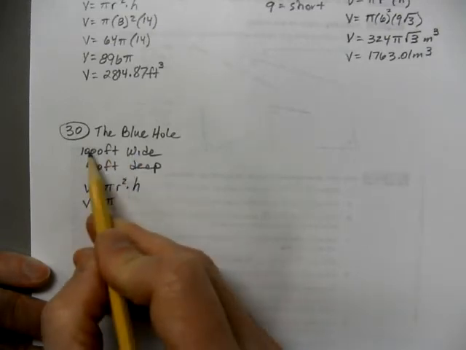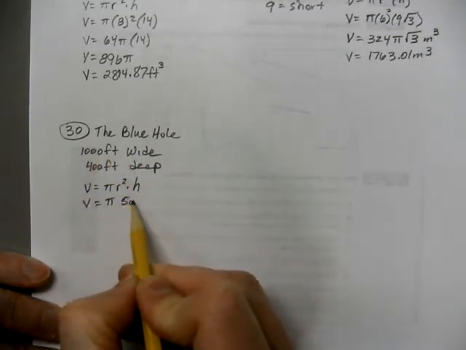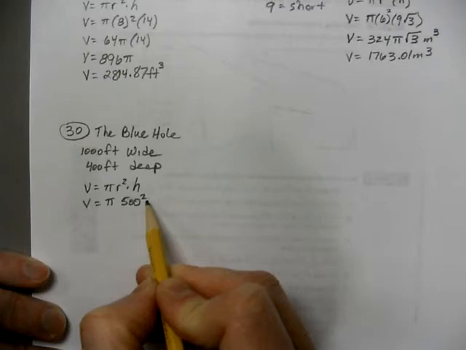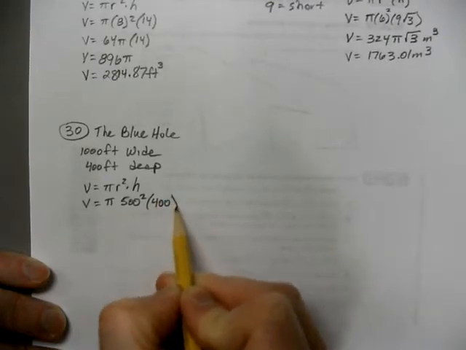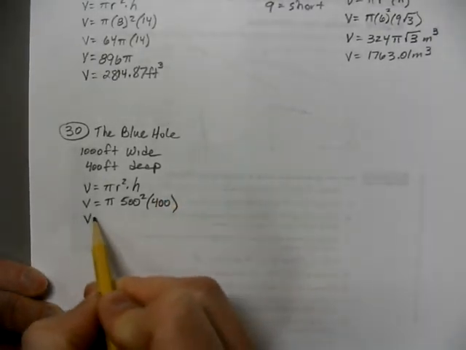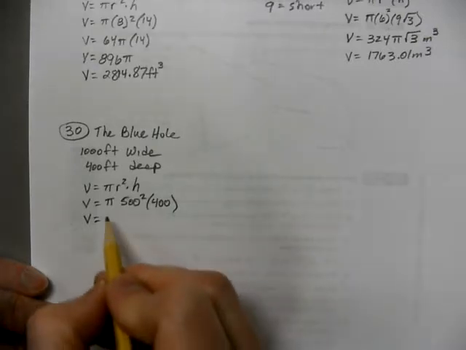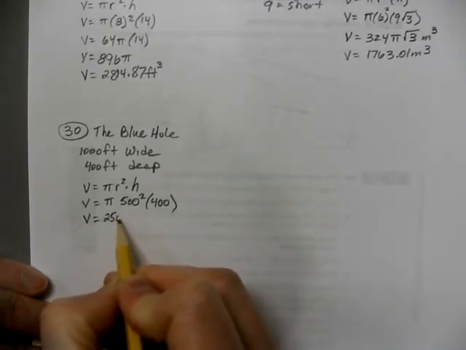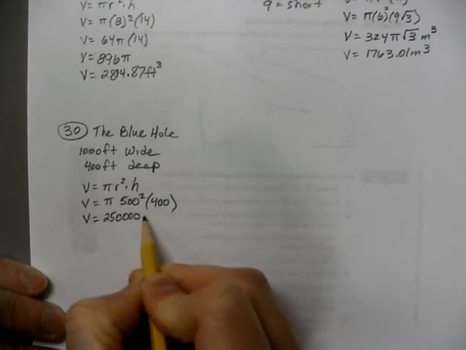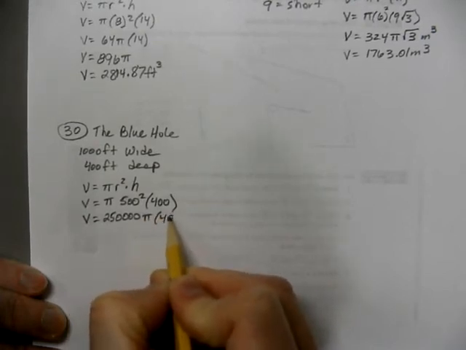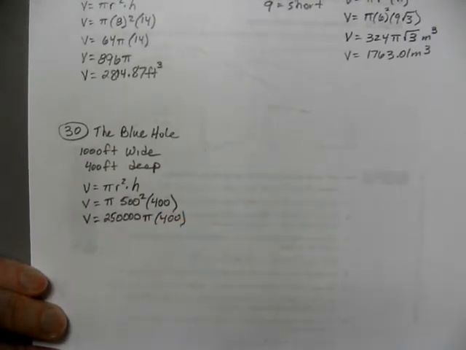So the r, if it's 1,000 feet wide, then I know it's 500 for the radius. And when we take our 500 and square it, 5 times 5 is 25. Times that by 400.